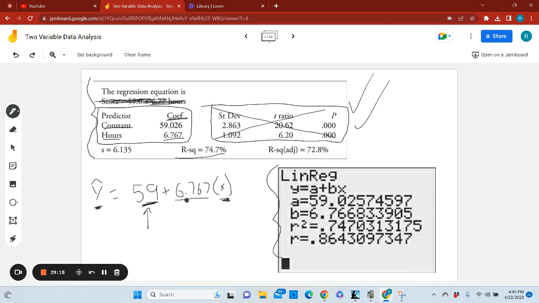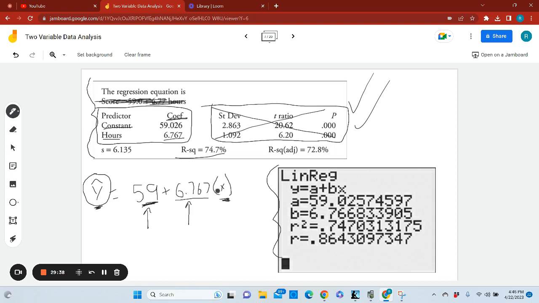They also might ask you to interpret the slope. So think, what's going to happen to my predicted score for every 1 additional hour spent studying? Well, the equation tells you that every time I increase x by 1, my predicted score should go up by 6.767 points. And that's how you would interpret the slope, right?